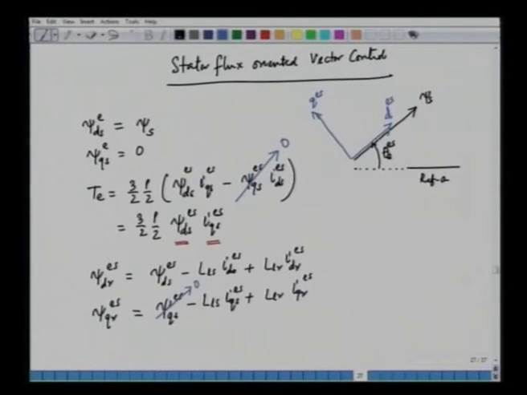So, if you substitute this, we can get the following expression for psi qr: LLS IQS plus LLR IQR. Now, similarly, we can also write down the expression for the rotor currents.